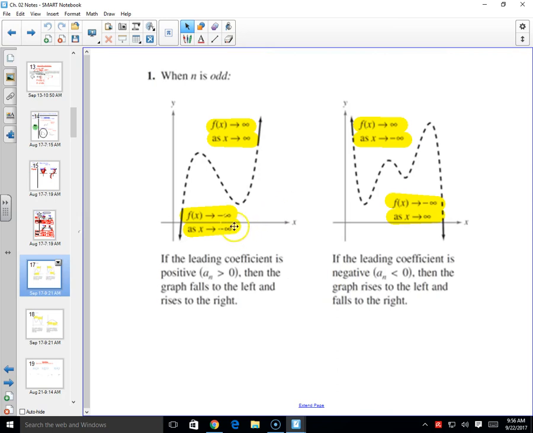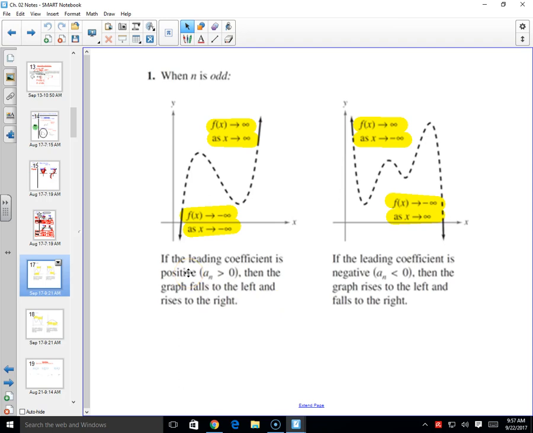You guys, I don't think, need to write this down, but do you understand why they show dotted in between? What are they trying to show you? When n is odd, regardless of, what's this dotted stuff showing you? Yeah, it's an example of a function, but why is it dotted?